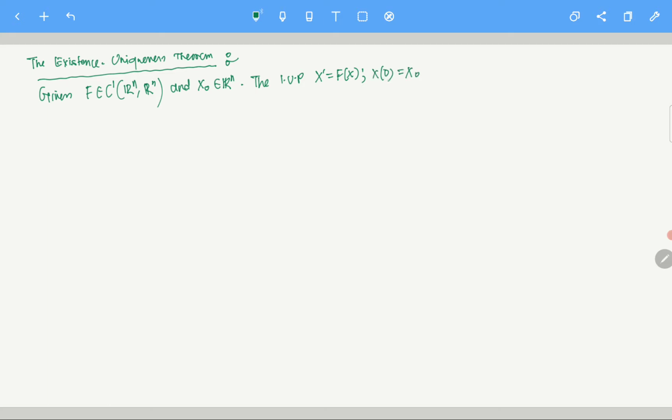I am writing it to be 0, you can write it to be some other point also, it's not a problem. This initial value problem has a unique solution.